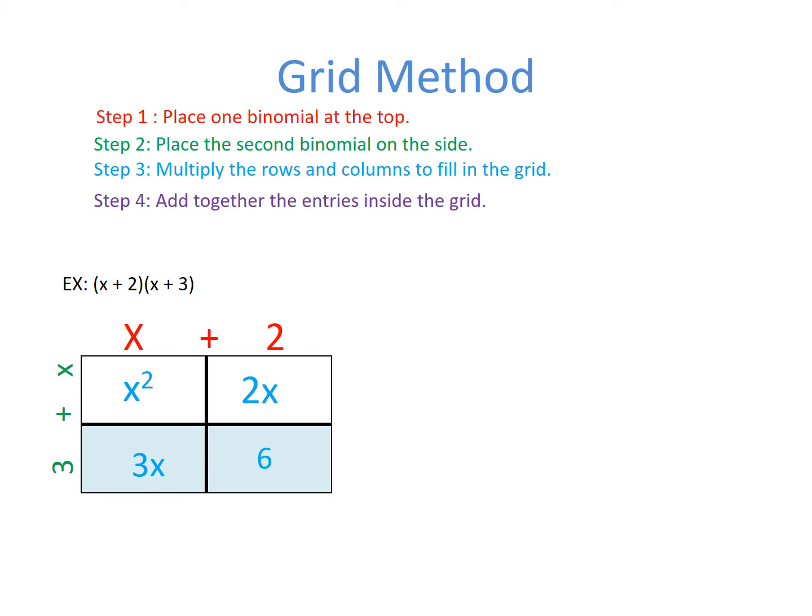So all of those terms that you just created by multiplying. So we have x squared plus 2x plus 3x plus 6, and then as always, our last step will be to combine like terms for a final answer of x squared plus 5x plus 6.